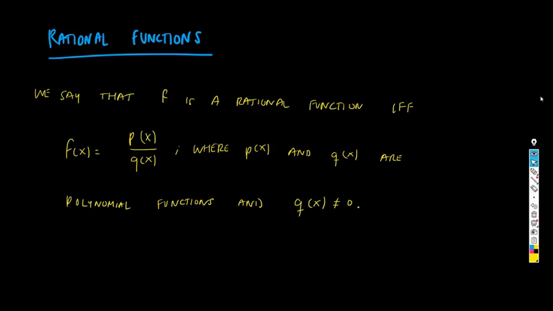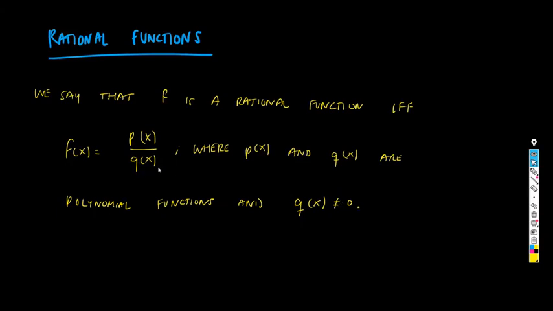And now to conclude the class, guys, we're gonna look very briefly at rational functions. Let's look at the definition. The definition says, we say that f is a rational function if and only if f of x equals p of x over q of x, where p of x and q of x are polynomial functions and q of x is different than 0.